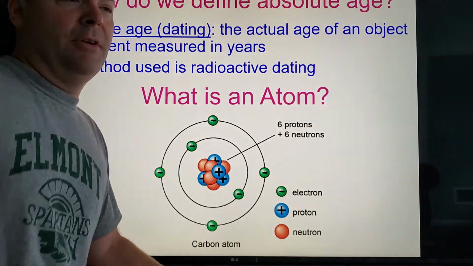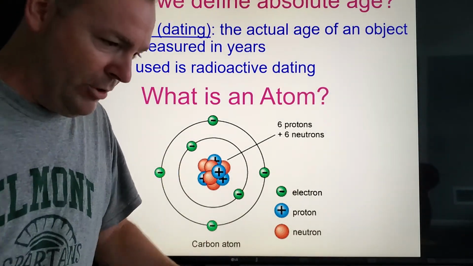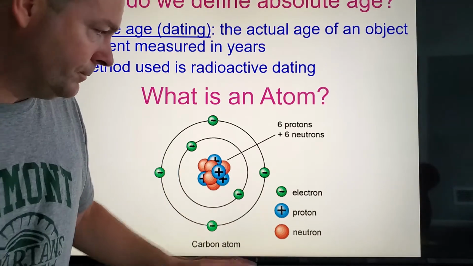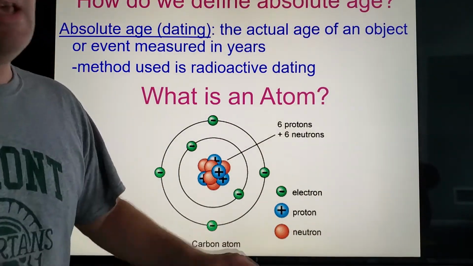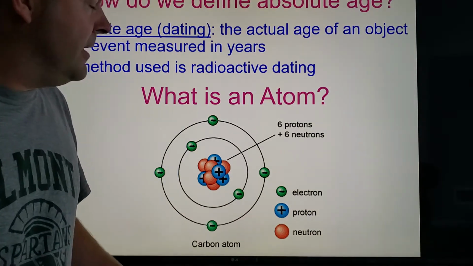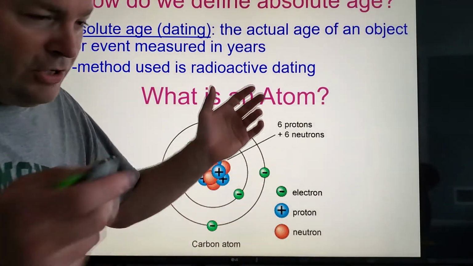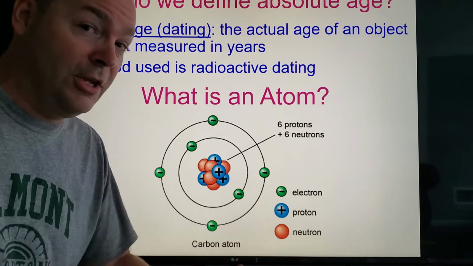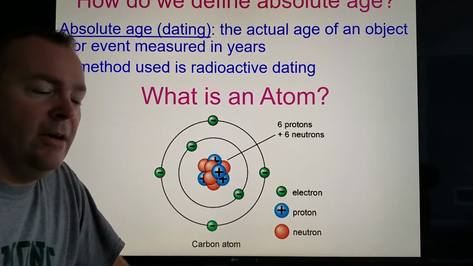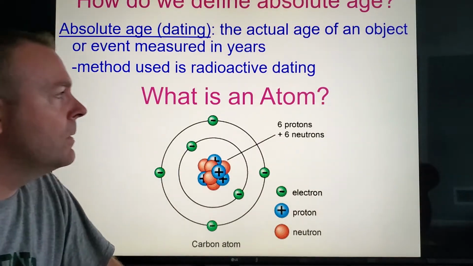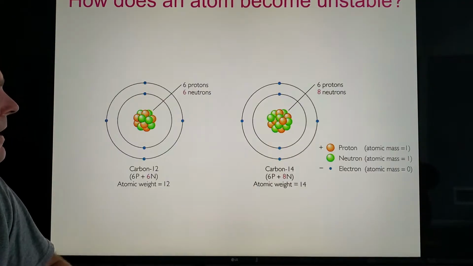They're not stable and they're giving off something and breaking down until they become stable. Sometimes they give off protons, sometimes electrons. It all depends on the type of atom, and that'll make them either positively or negatively charged and ultimately turn into another atom, and we call that radioactive decay. That's a big piece of how this dating is done.